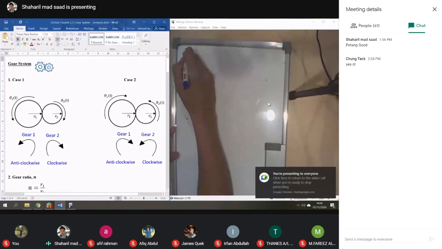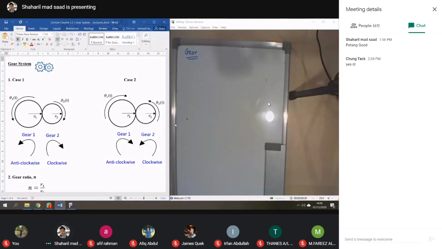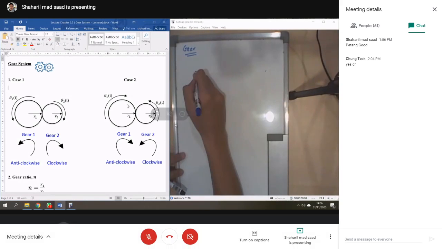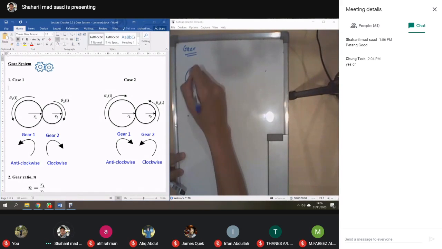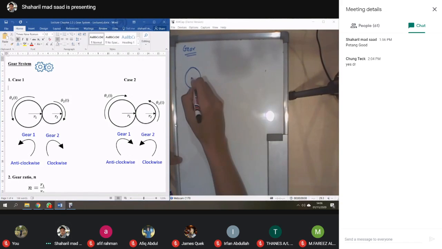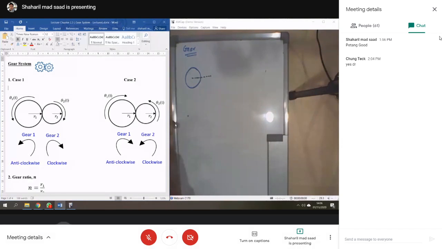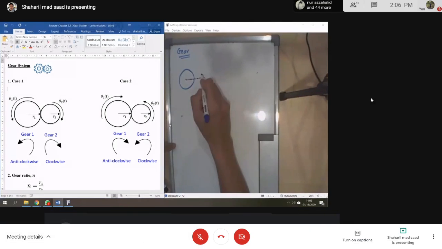So for gear, what you will learn for today, let's look at the gear one. So you have, let's say, this one, the big gear, then you have the small gear here.